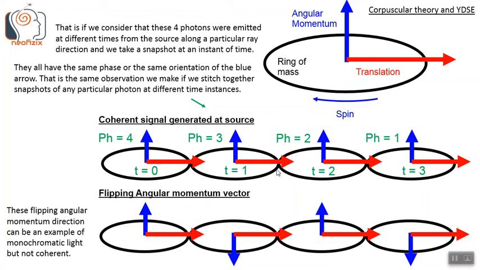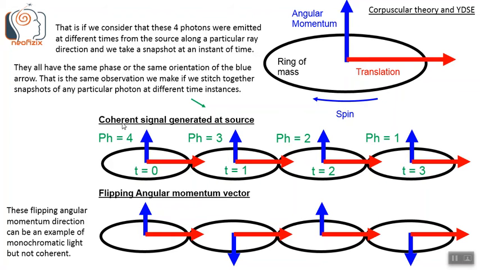And if we glue together all these 4 snapshots taken at these 4 different time instants, then also we will find the same observation, that all these blue arrows, angular momentum vector direction, are aligned to one another, both either watching one single photon translating or watching several photons at the same time instant. So this means these signals are coherent.